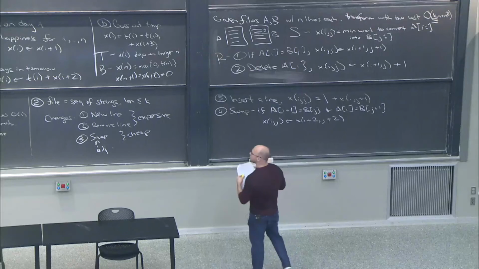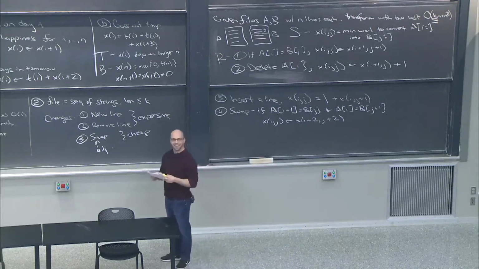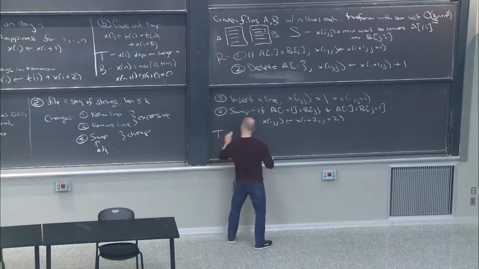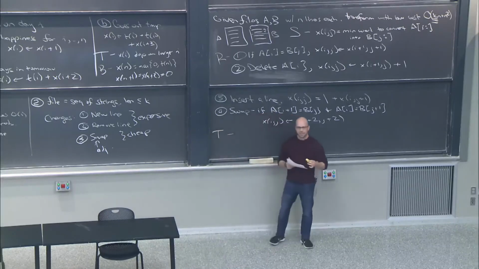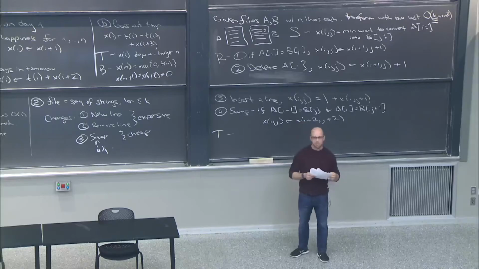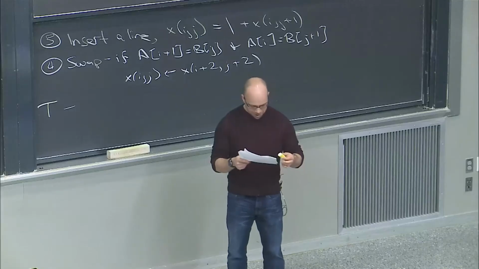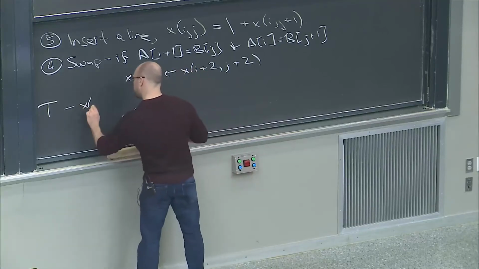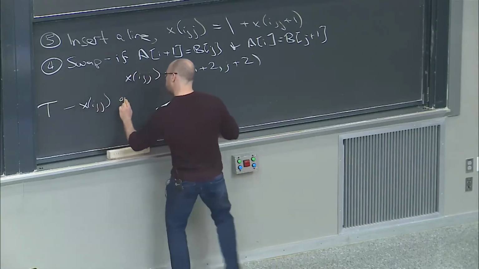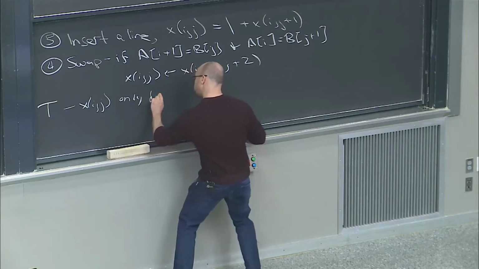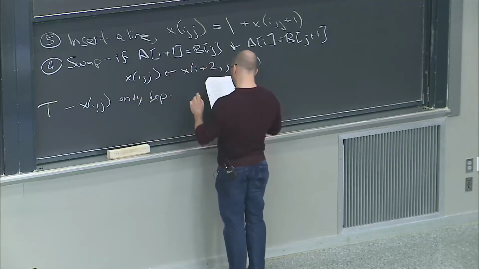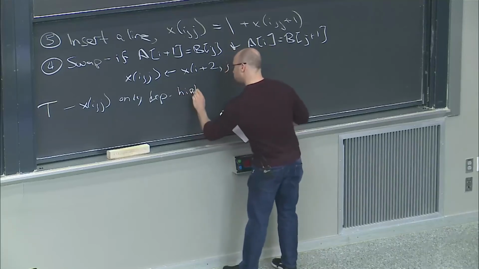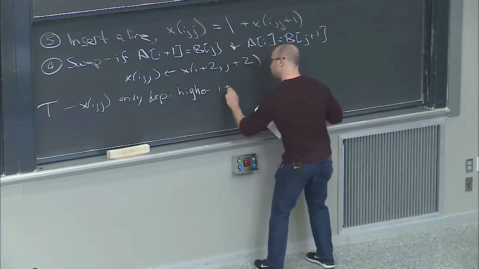Okay, so let's continue with our sortbot paradigm. Now we have all of our recursion. The topological order here is a little bit trickier than normal, because now you've got a two-dimensional array, but it follows a pattern that's pretty typical: x_ij only depends on other x_ij's with higher i plus j.